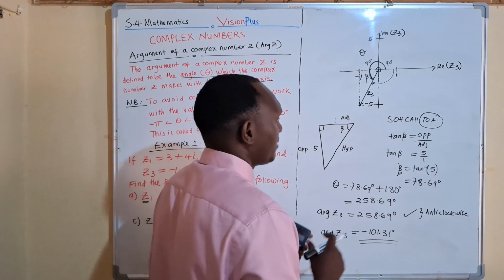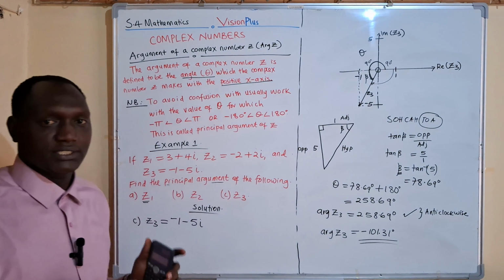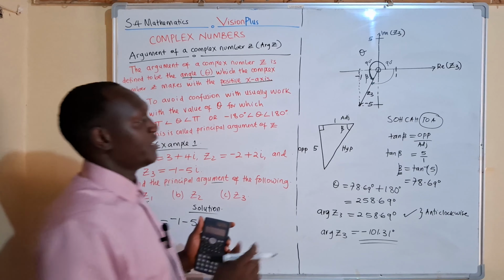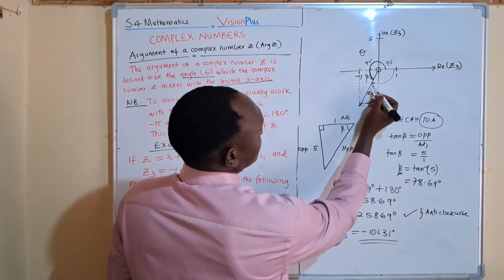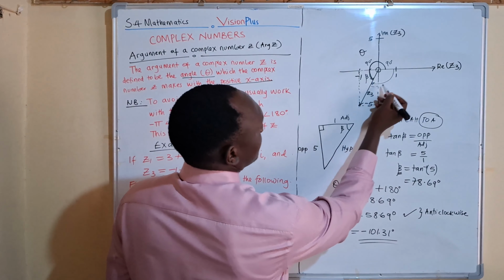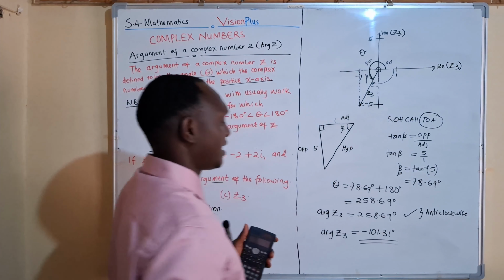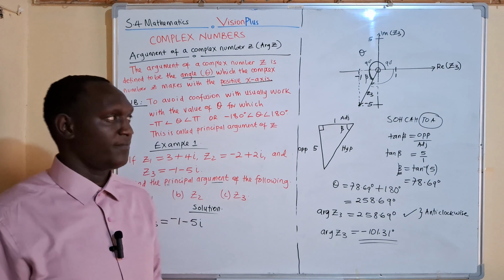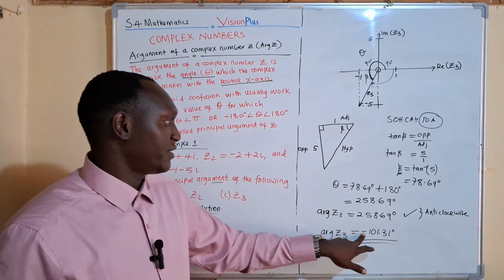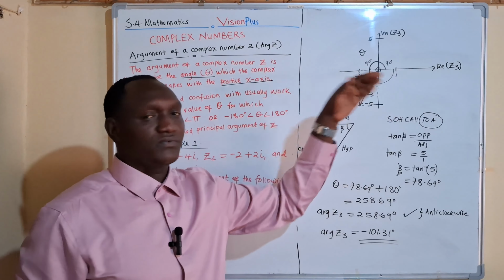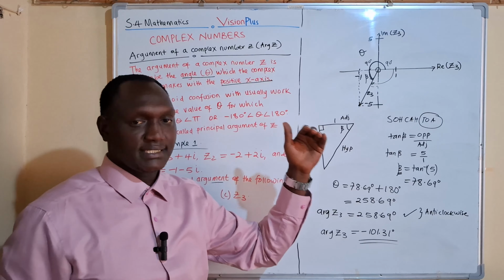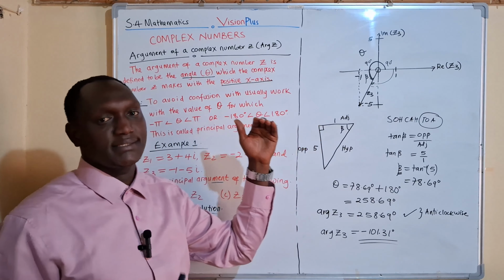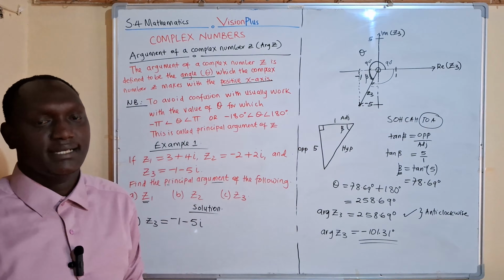And remember, I said the approaches to this concept are very many. You could start by getting this small angle here first, and then you add to 90, which is there, and then it will give you negative 101. Why are we putting negative here? Because we are measuring it from the positive x-axis through, but clockwise. Clockwise angles are negative.